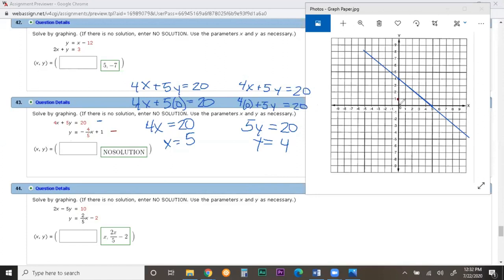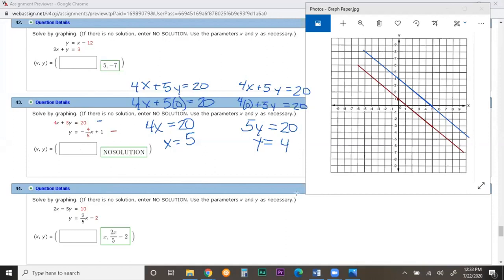So we go down 1, 2, 3, 4, and we go to the right 1, 2, 3, 4, 5. All right. Then we draw a line through it. After we graph it, we can see that the two lines do not intersect, and therefore we know to type in no solution for our answer.